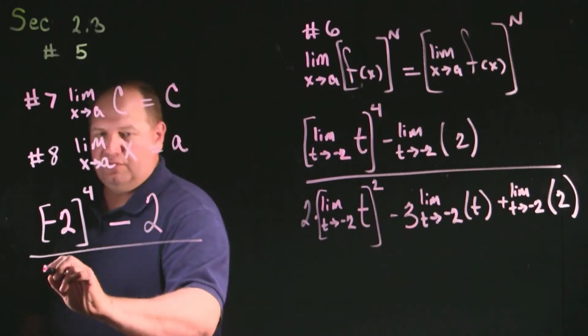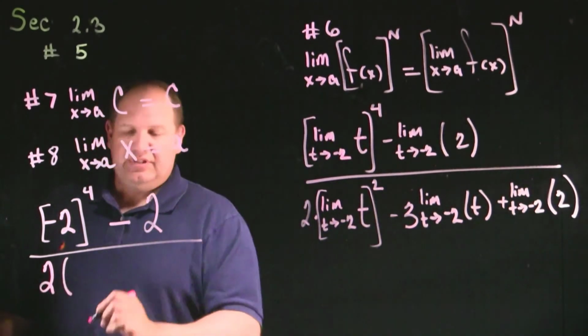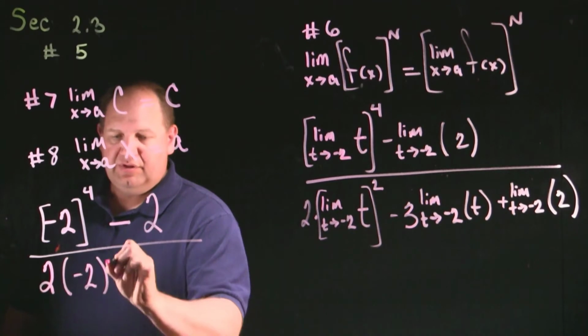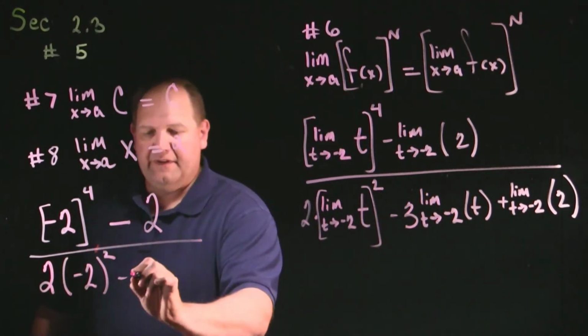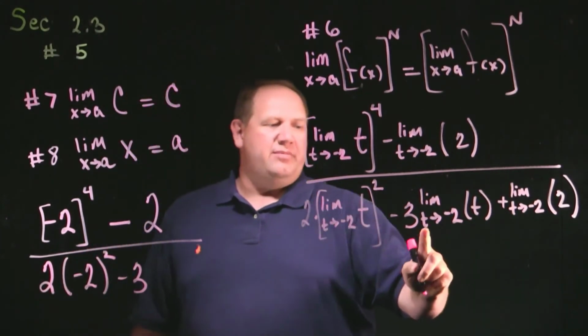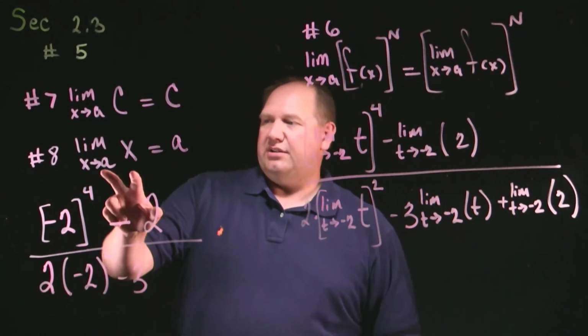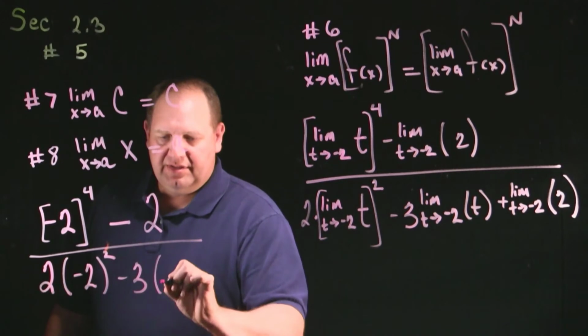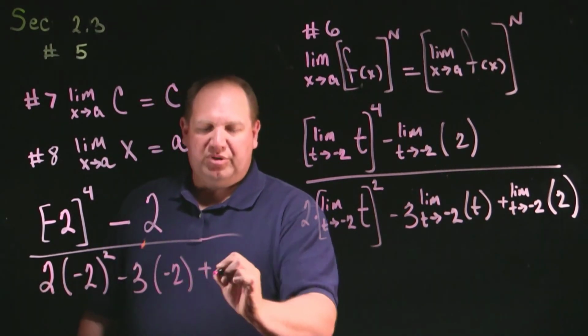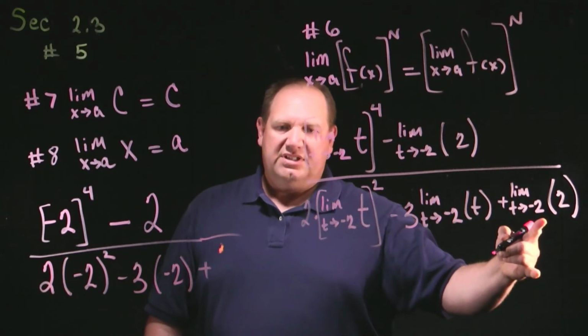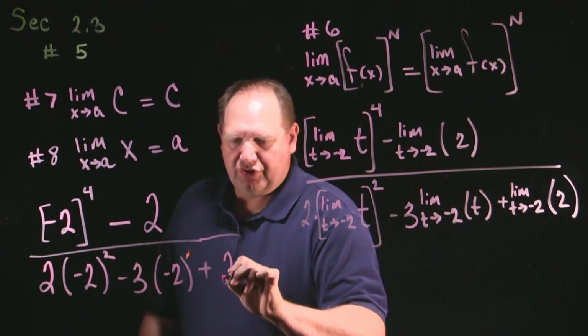So 2 times -2 and then squared. And then -3 times the limit as t approaches -2 of t, limit law number 8, so -2. And then finally, plus from limit law number 7, that's just 2.